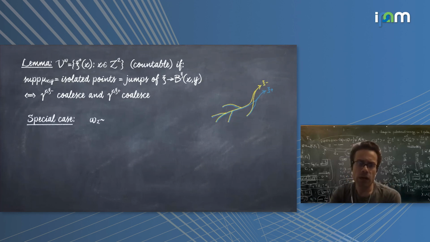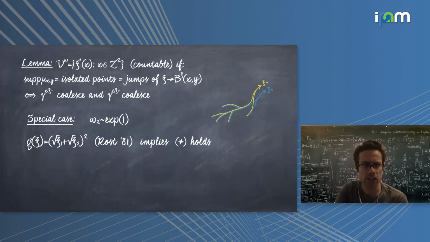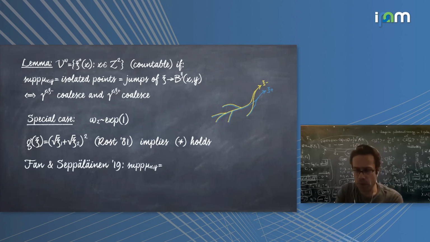Okay, so a special case is the exponential model, and that's for the next couple of slides, which is what's left. In that case, you can calculate explicitly the shape function and check the nice assumptions, that it's a very nice function. And in that case, many computations are possible.